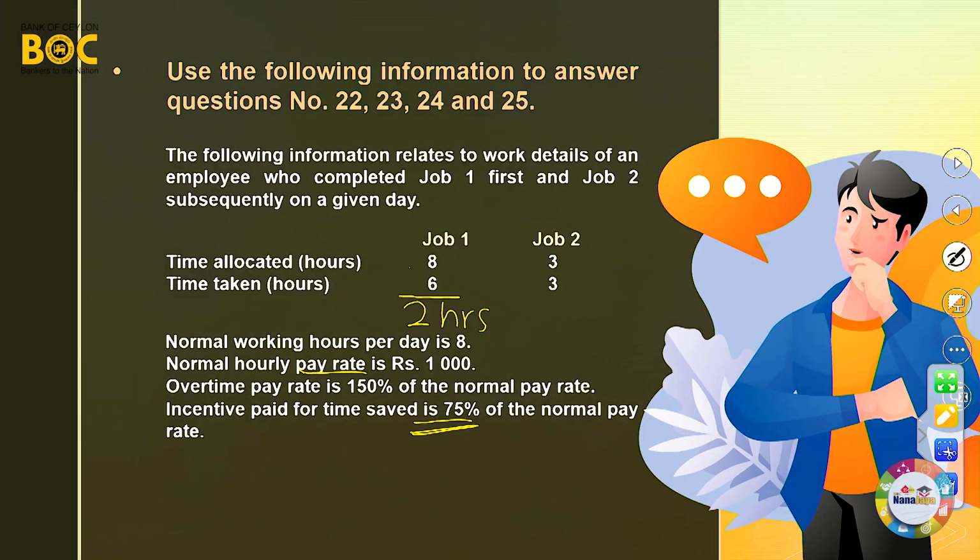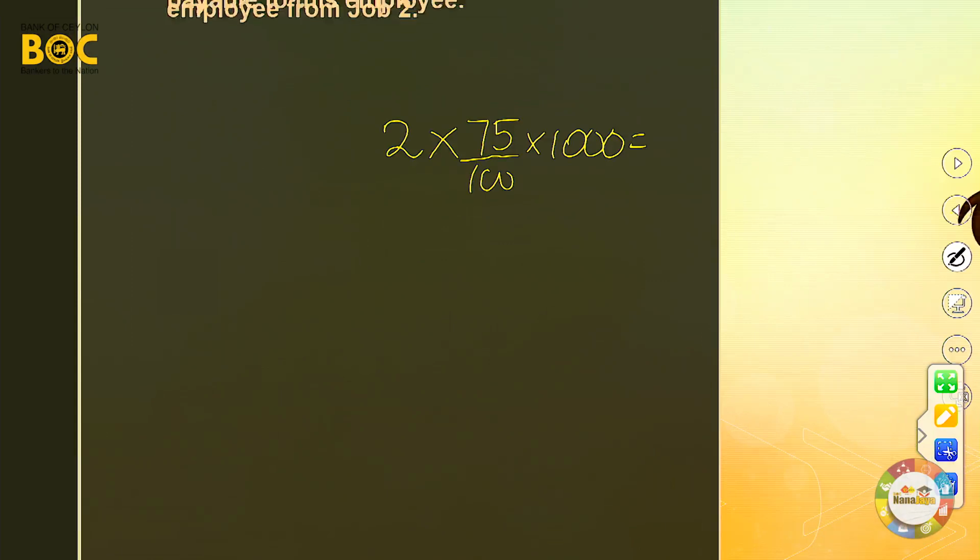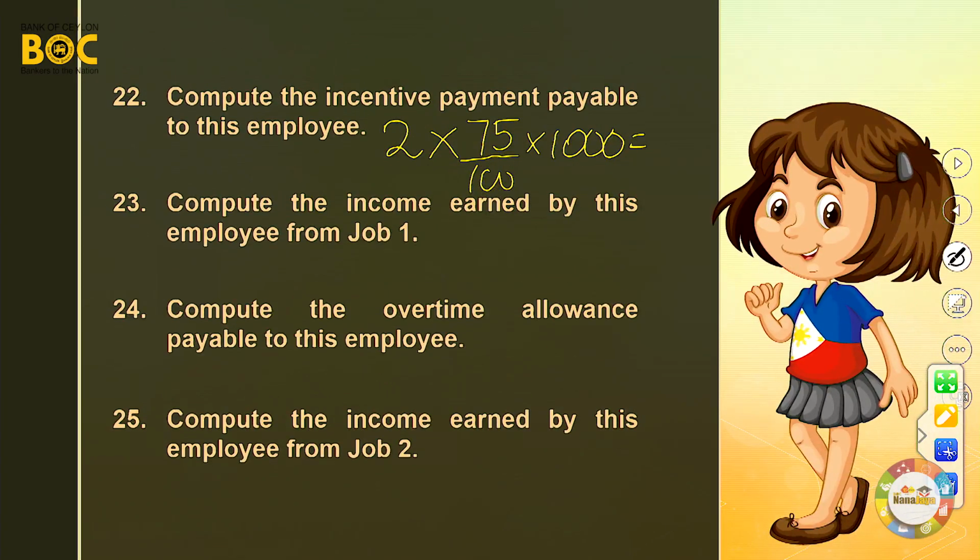For that you pay 75% at the rate of 1000 rupees. How much is the amount? 1,500 rupees.